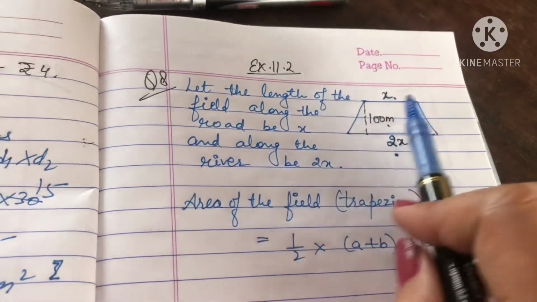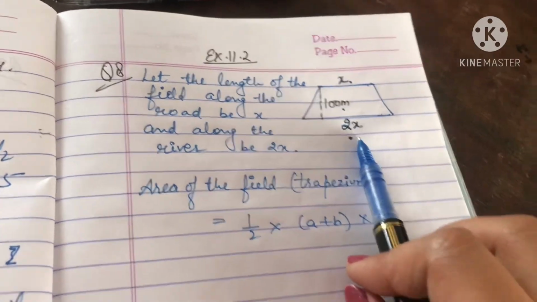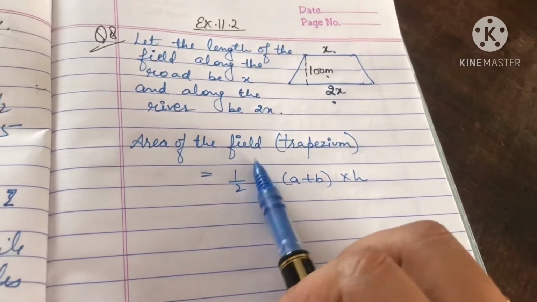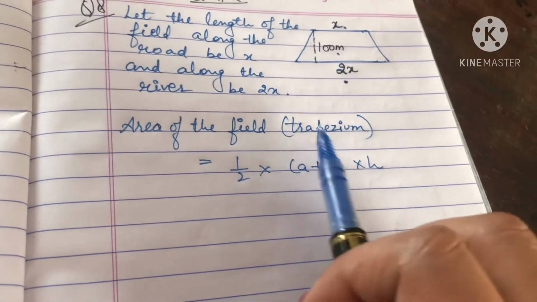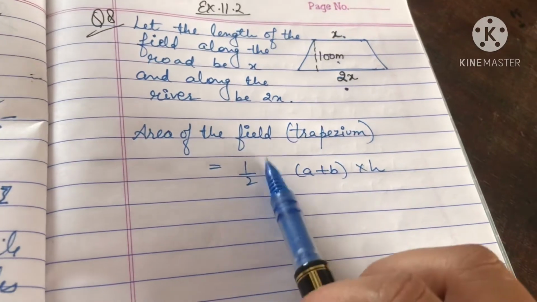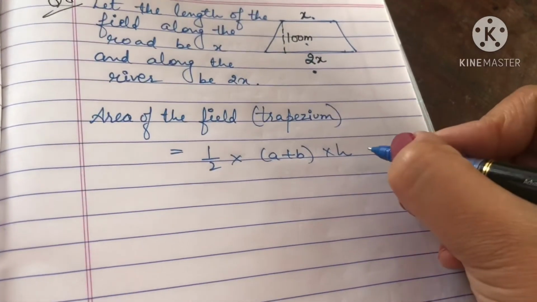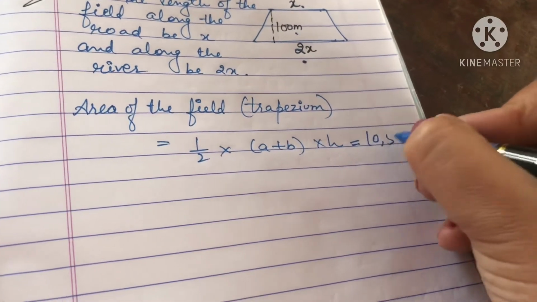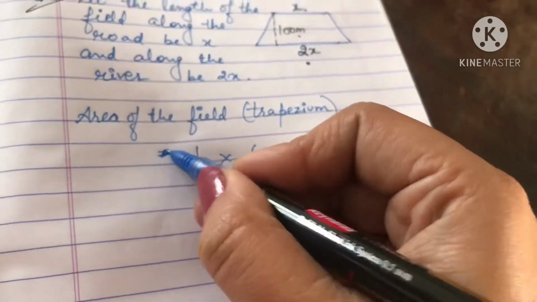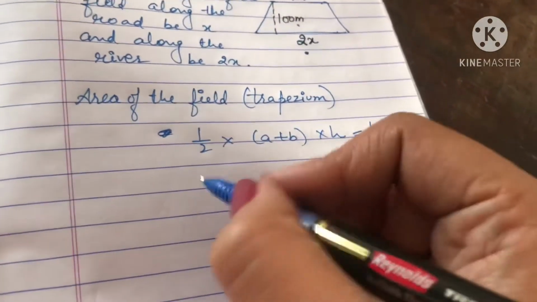So let the length of the field along the road be x and along the river be 2x. Now it is already given that the area of the field is 10,500. We know that this field is in the shape of the trapezium, so its formula is half into sum of parallel sides into height, and it is going to be 10,500. Now put the values in this.